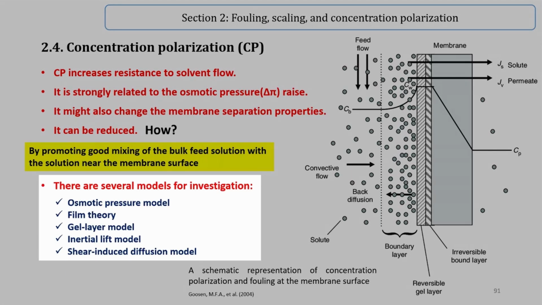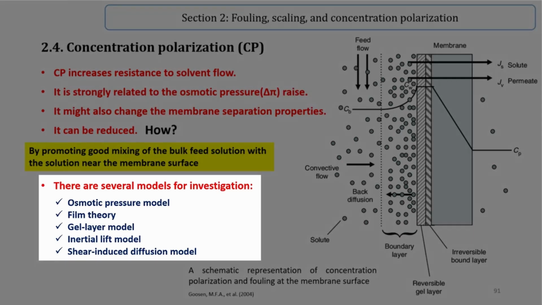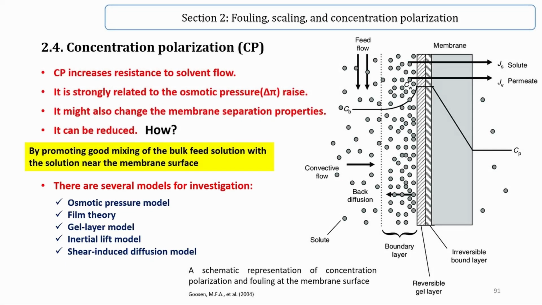There are several theoretical approaches investigating the concentration polarization by models: osmotic pressure model, film theory, gel layer model, inertial lift model, and shear-induced diffusion model. It has to be noted that concentration polarization cannot be avoided in the membrane process, but it can be minimized by various methods.